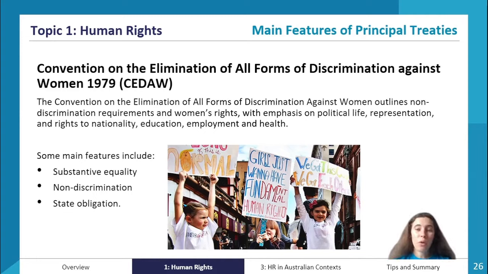Convention on the Elimination of All Forms of Discrimination Against Women. You can see that different groups of people who are minority groups or have faced discrimination in the past, and in some cases continue to face discrimination, tend to have dedicated conventions relating to eliminating discrimination against them, because over the years it's been recognized that they face discrimination, that they are minority groups.